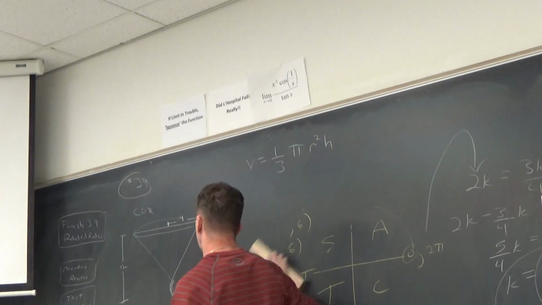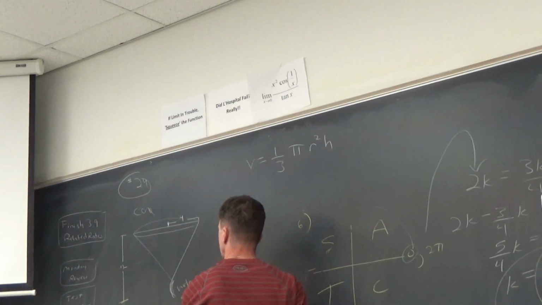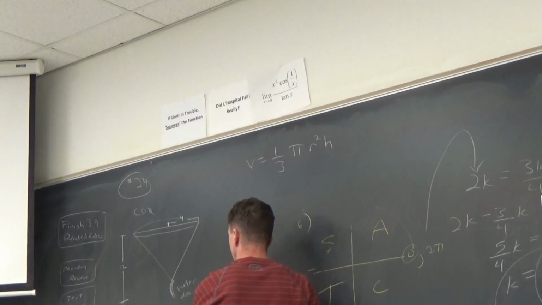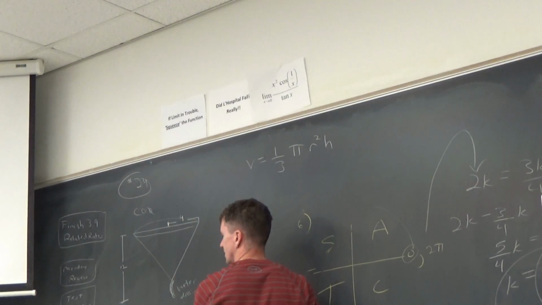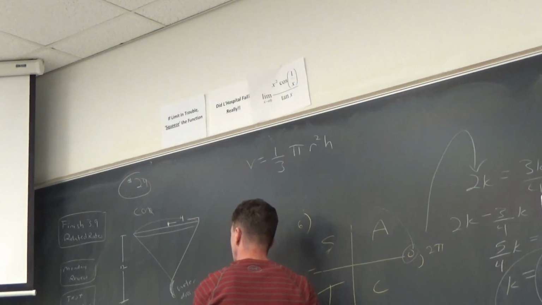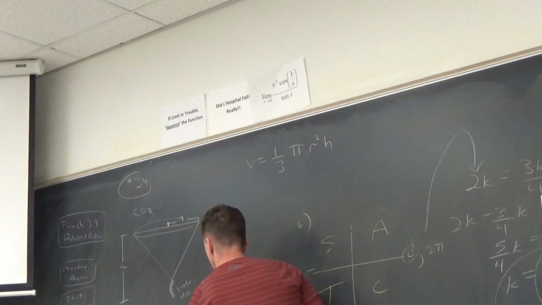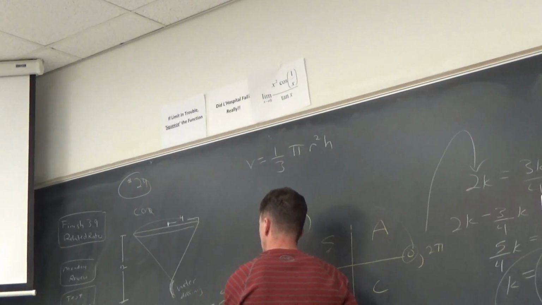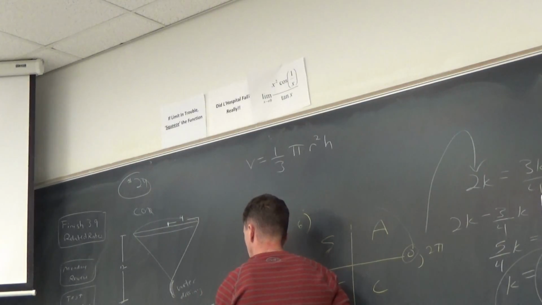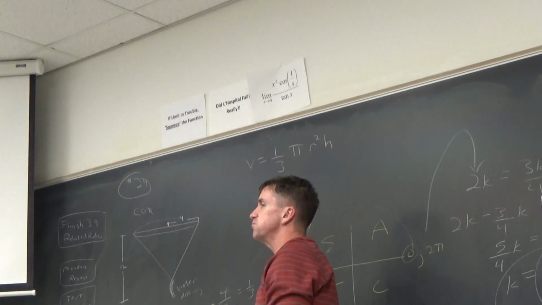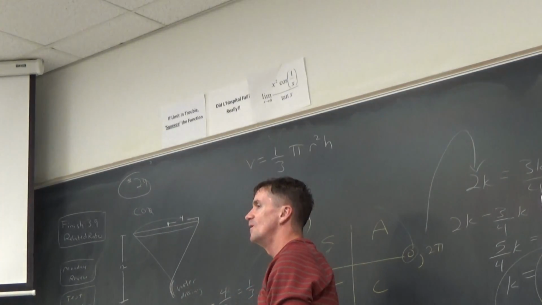By the way, does anybody know what the ratio of R over H already is? 1/3. Is it 1/2? It's 1/3, because it's 4 over 12. So if you solve for R, R equals H over 3. Can't you just memorize that? Remember last problem though, it was H over 2?